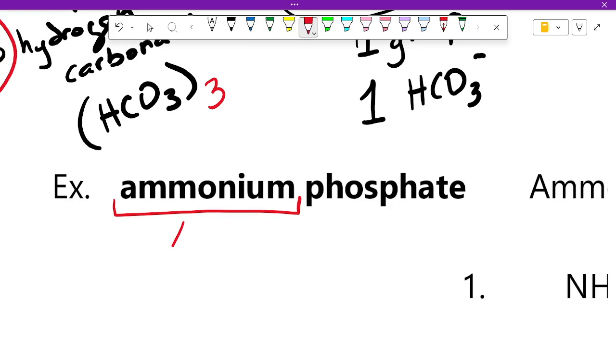Ammonium. NH4 plus. It's on the green sheet. Go look on your green sheet and see if you can find it. Sora, look on your green sheet and see if you can find ammonium.